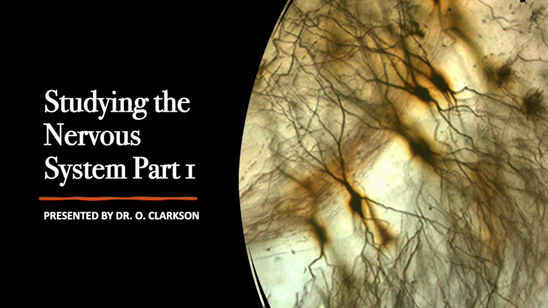Other ways that the brain and neuronal circuits are studied: lesion studies. So we talked about Phineas Gage already. He was one of the first famous examples of using a lesion to be able to see what the actual function of the area affected is, right?